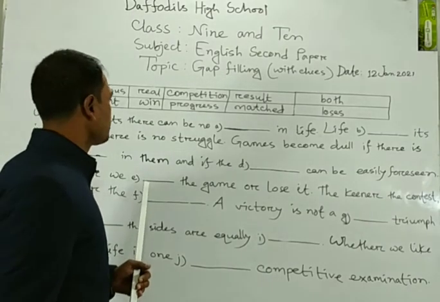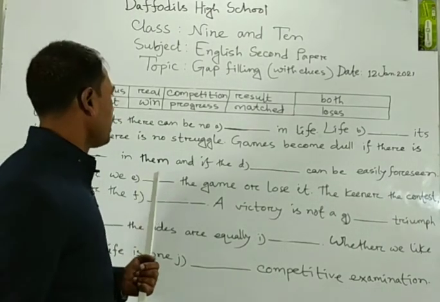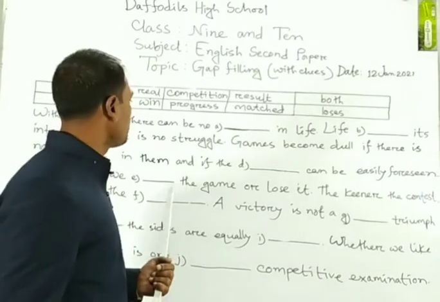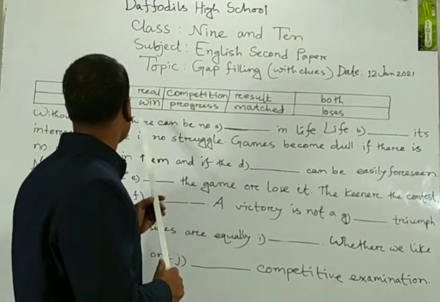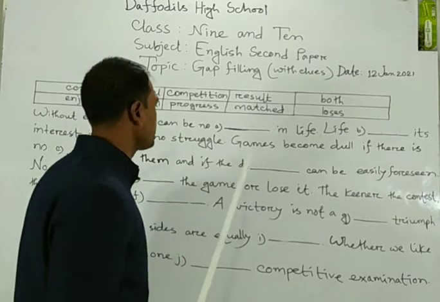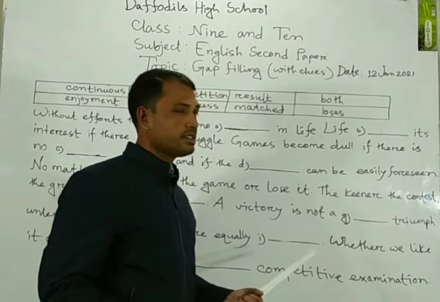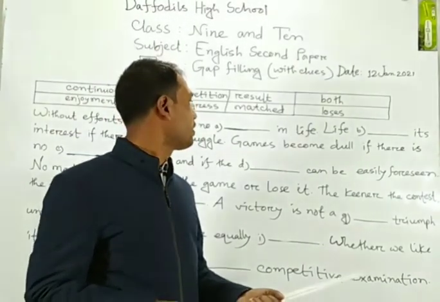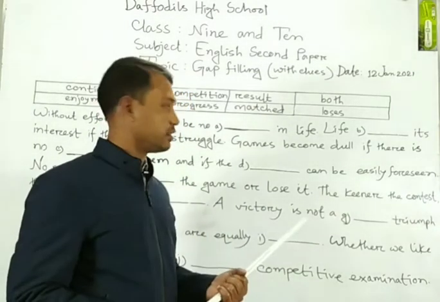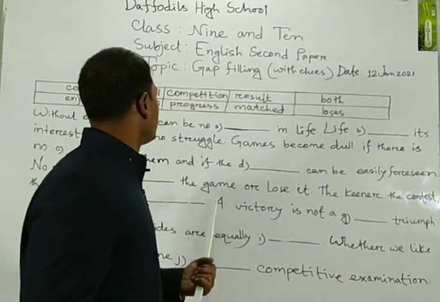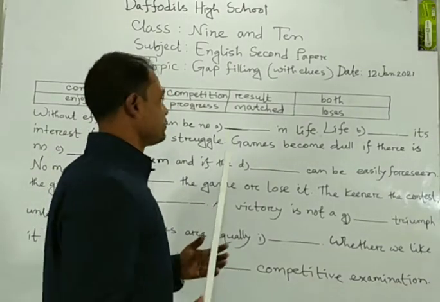These gaps are tests for you. You have to fill these gaps, taking appropriate words from the box. In this case, you have to be very careful about choosing the words. There may be more words than necessary.